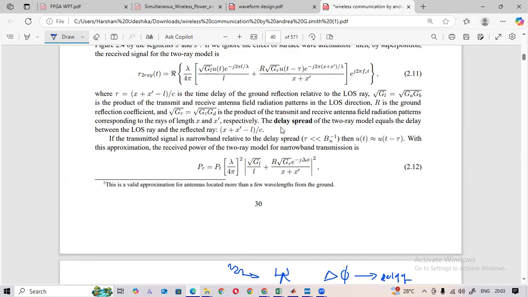So you can read this: delay spread of the two-ray model between the lowest path. So this is what I told you.